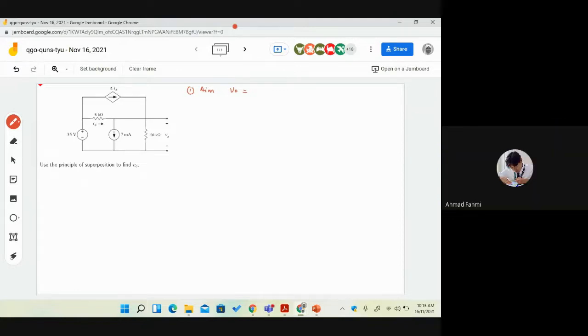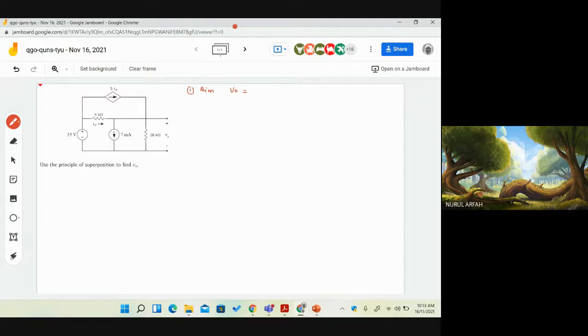Independent, right? So how many independent sources? Two. So there are two steps: V0 1 plus V0 2. Okay, good.